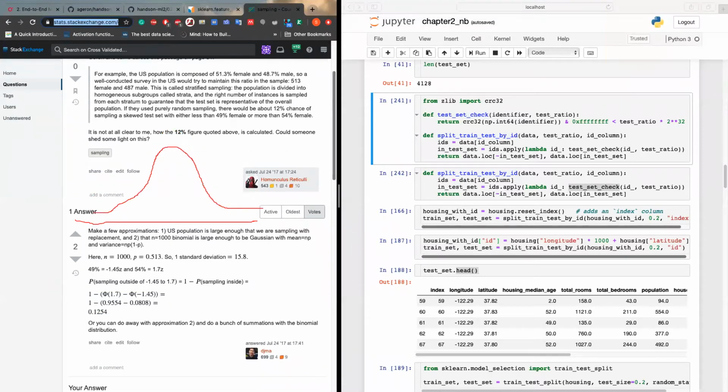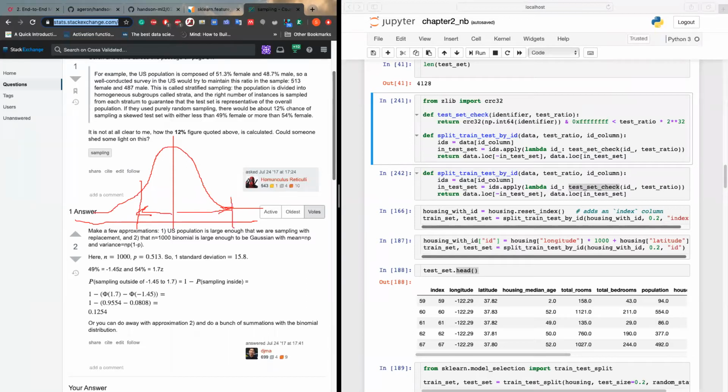I was making a drawing here that illustrates what's going on. If this is the Gaussian distribution, this is minus 1.45 out to here, and plus 1.7 out to here.